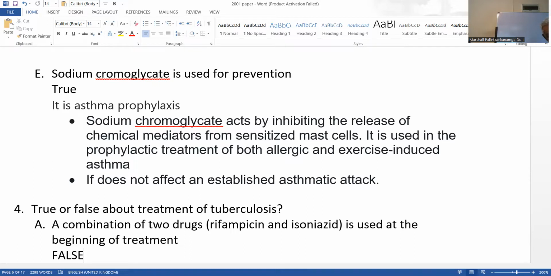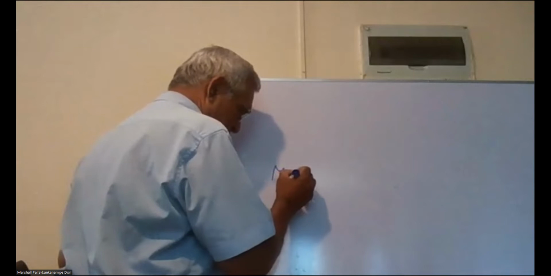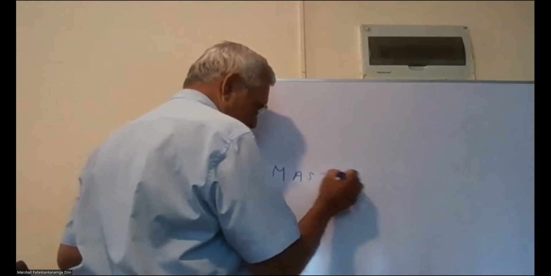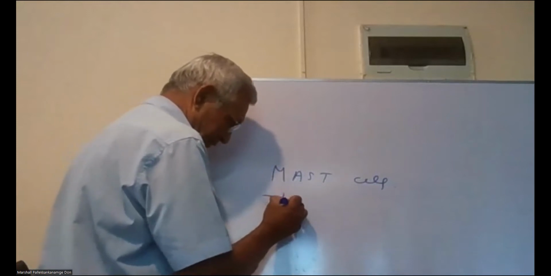What are mast cells? Mast cells are monocytes.